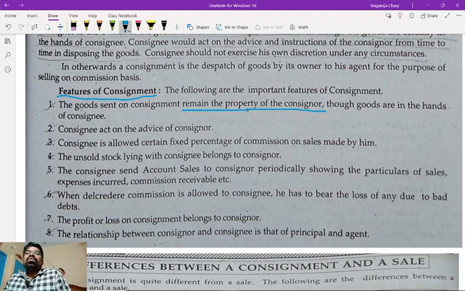So those goods belong to the consignor. Next one, the consignee acts on the advice of the consignor.